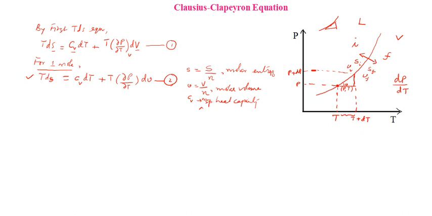Now, we are going to relate this dP over dT with Si and Sf, which are the molar entropies of the initial and final phases, and Vi and Vf.